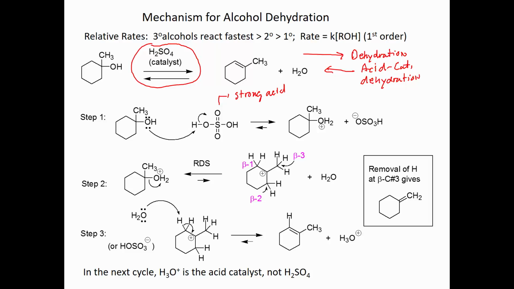In step 2, we are going to remove water to form a carbocation, and this, like it was before, is our rate determining step. This is the least favorable step.